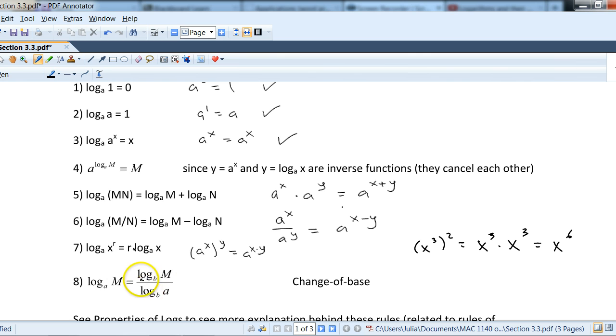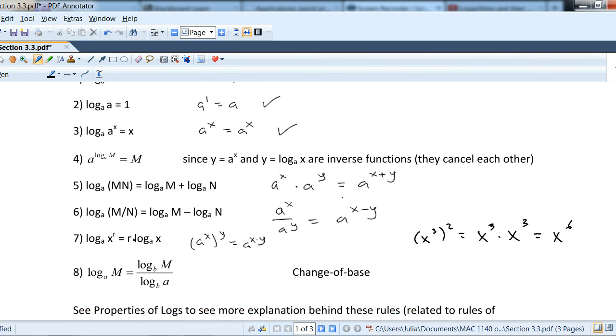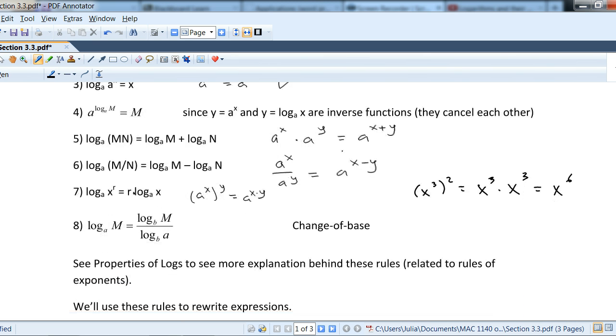It becomes a quotient of log base b of m divided by log base b of a. So really, if we use it with log or ln, then it is the same thing as log of m divided by log of a, and you can do the same thing with ln.